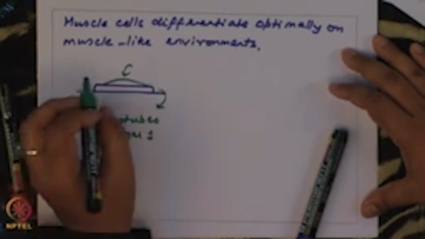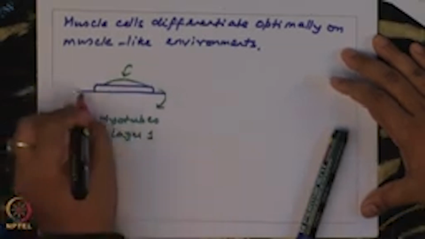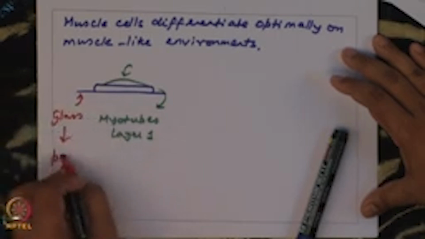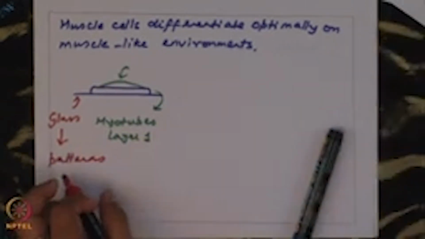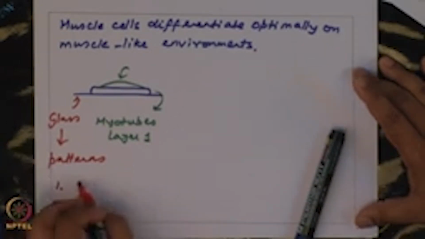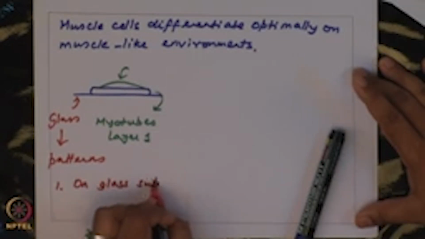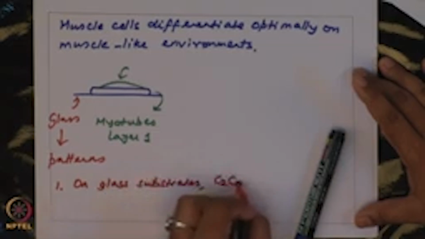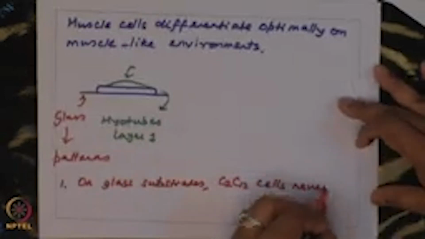These experiments were done on glass. So, this is a glass substrate, where you again have patterns, so that you can get well defined myotubes. What the authors observed first was on glass substrates, C2C12 cells never differentiated.